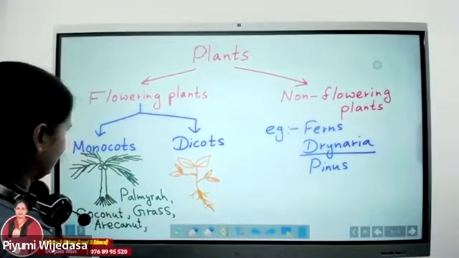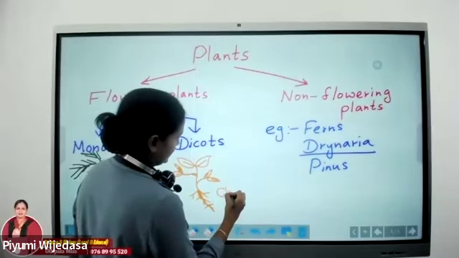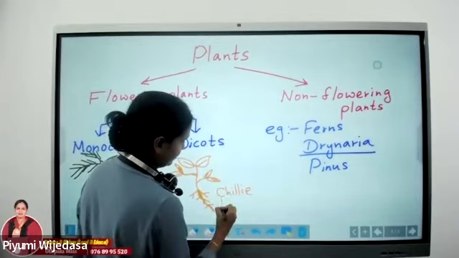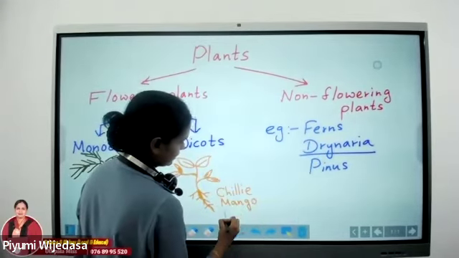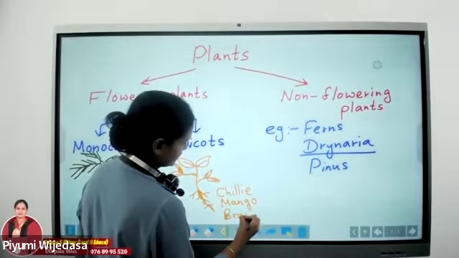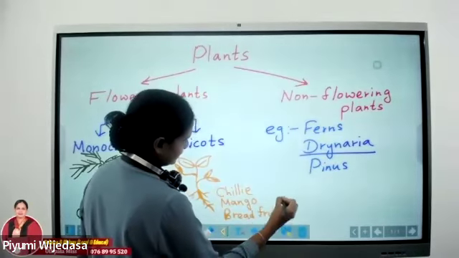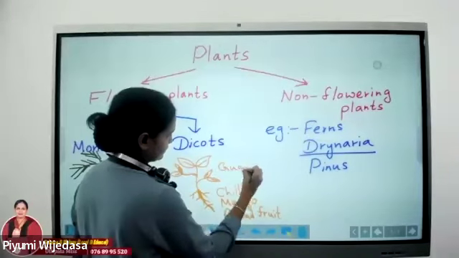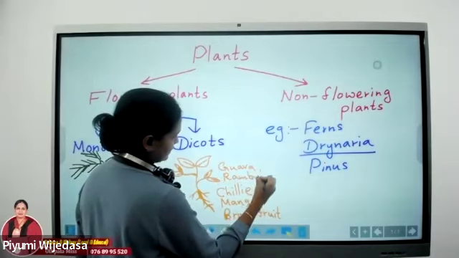Okay. So dicots examples, you can say chili. Then what else? Mango, jack, breadfruit. You can write so many examples. Guava, rambutan, rose apple. There are so many dicots.